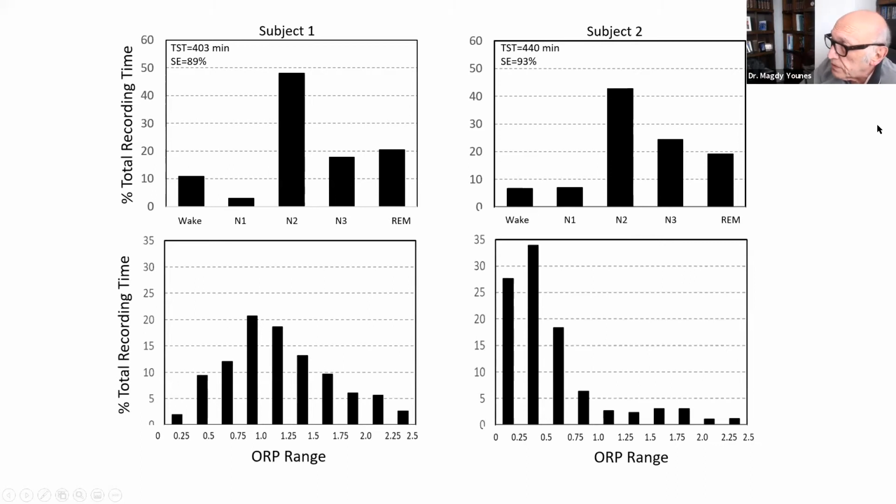So these both have a very normal, conventional histogram. And then we did the ORP architecture, and look at the difference. This one can never happen in normal people, because on the left side here, there is very little deep sleep, which would suggest either very little sleep pressure, or there is something else.